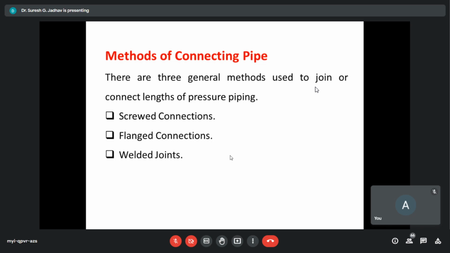But with the help of flange connection, we can overcome these disadvantages. We can fix the gasket between the two faces in the flange connection.